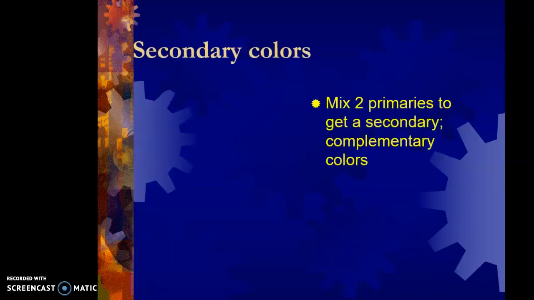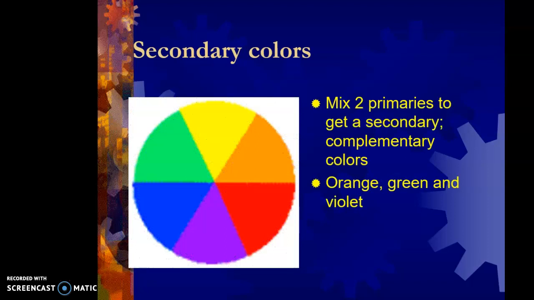Now, from that, I want you to draw a triangle upside down from the triangle that you just did. Okay, so you're kind of making a six-pointed star. On the ends of those points, I want you to do the secondary colors, and these are the colors where you mix. You mix the red and the yellow primary and you get orange.